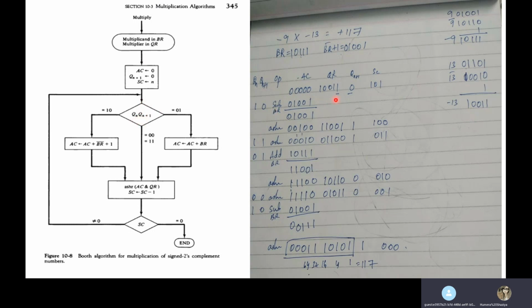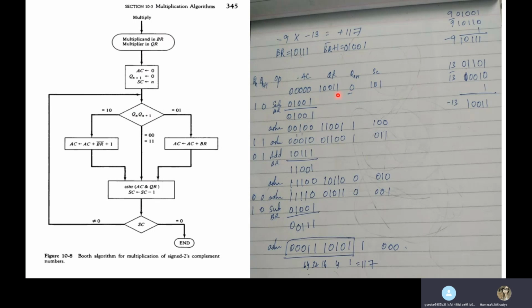Qn is the last bit of QR. The serial output that goes out after the shift operation is Qn plus 1.